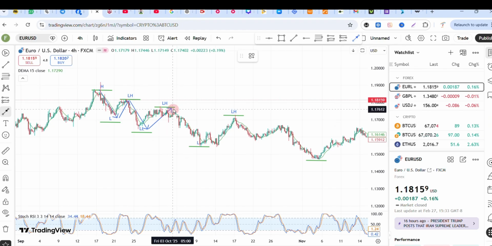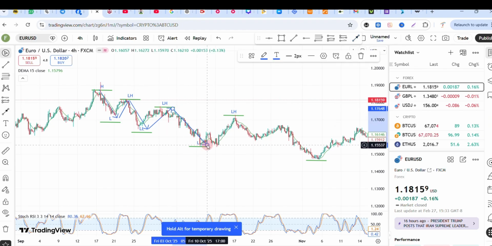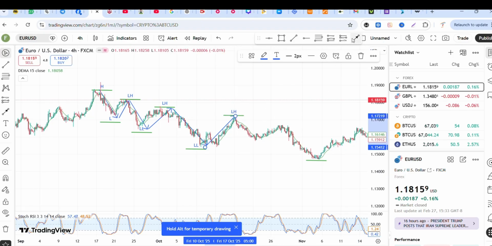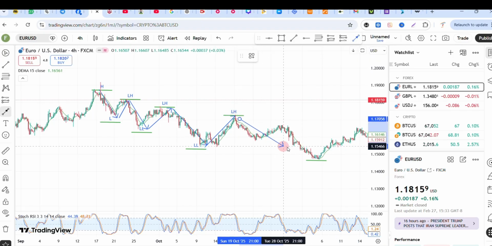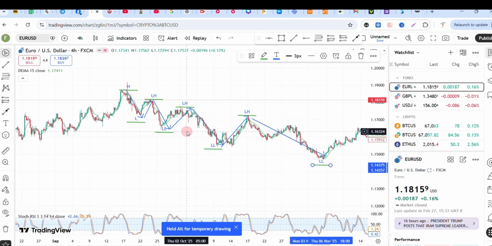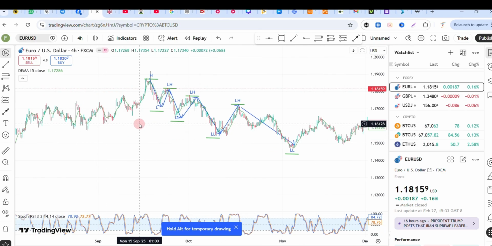So lower high goes down to the lower low again, and from lower low it moves back to a lower high again, and from a lower high goes down to a lower low. So now this pattern keeps repeating.